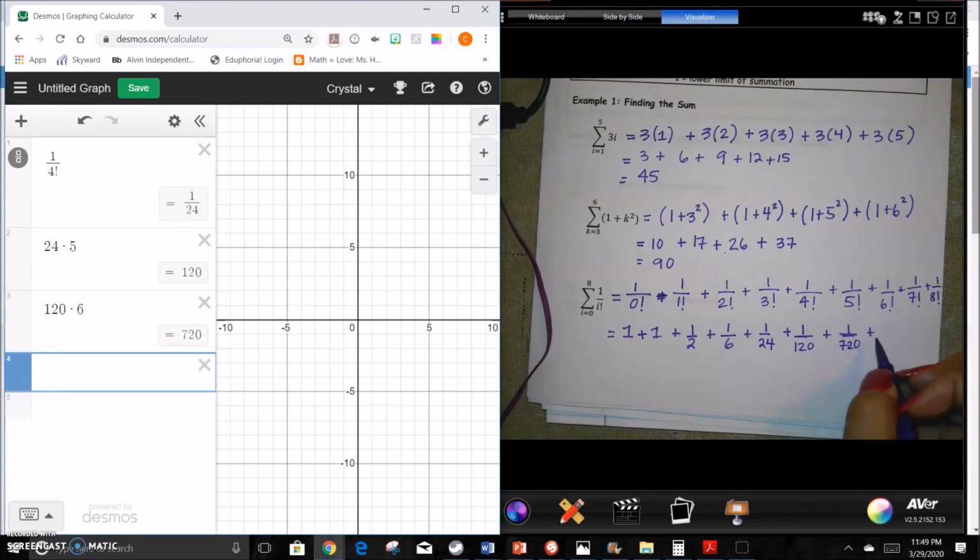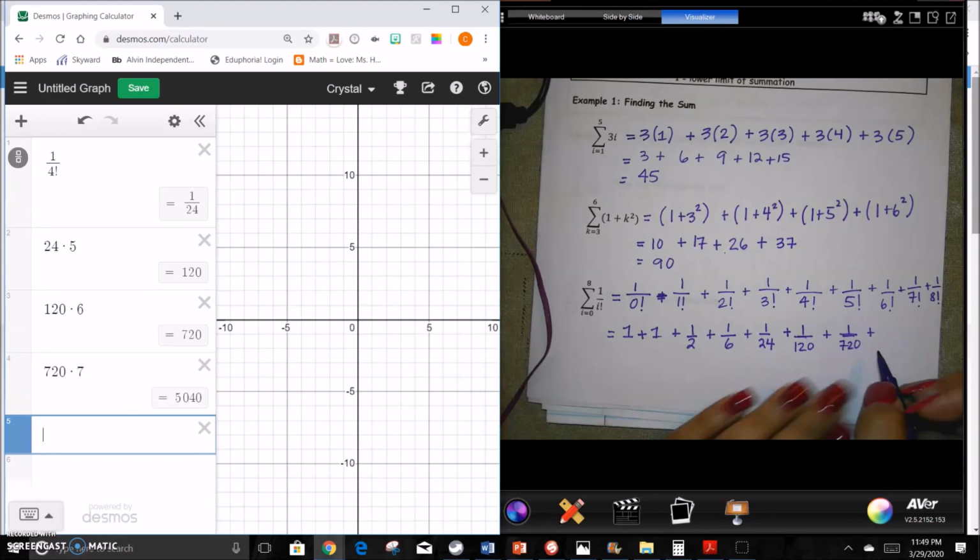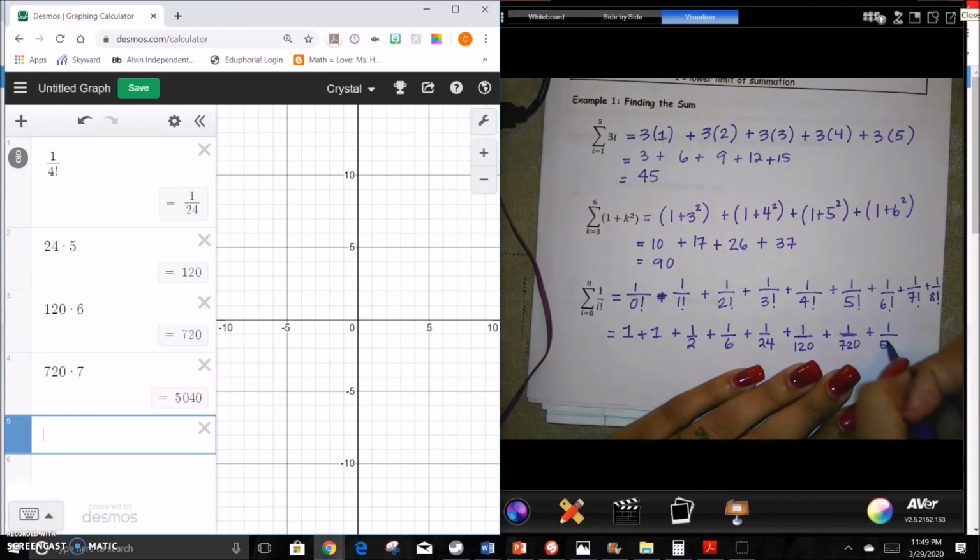It can get pretty big, 720 times 7 is 5040, so 1 over 5040.